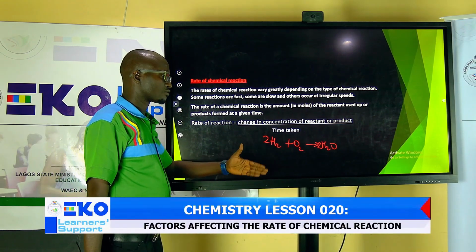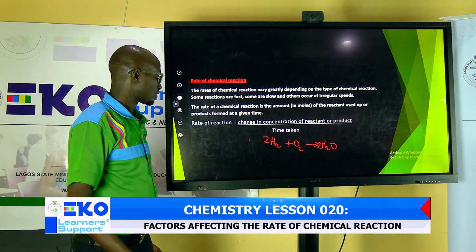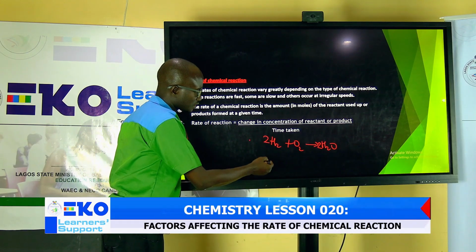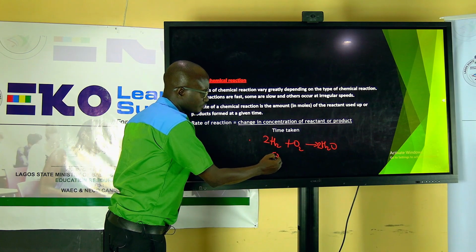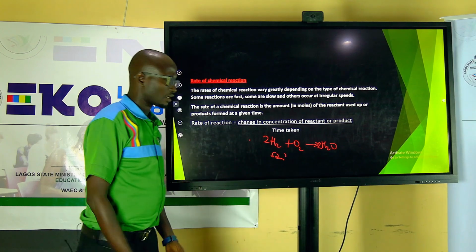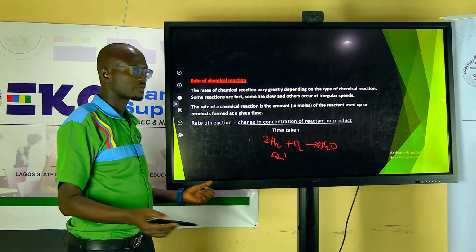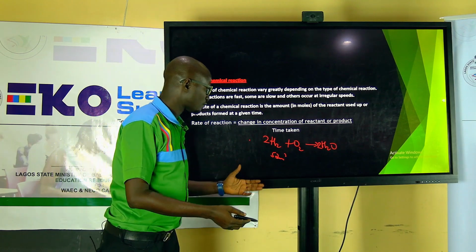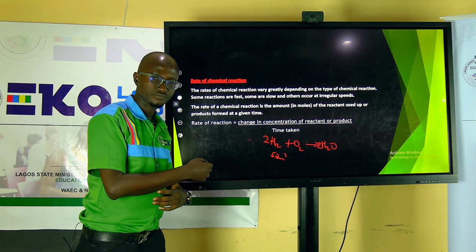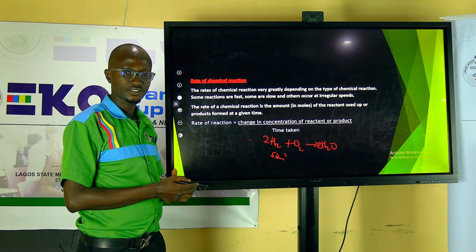If I want to measure the rate of this reaction, let's assume I start with 5 dm cube of hydrogen, and at probably 5 minutes or 10 minutes interval, the whole volume of hydrogen has disappeared.